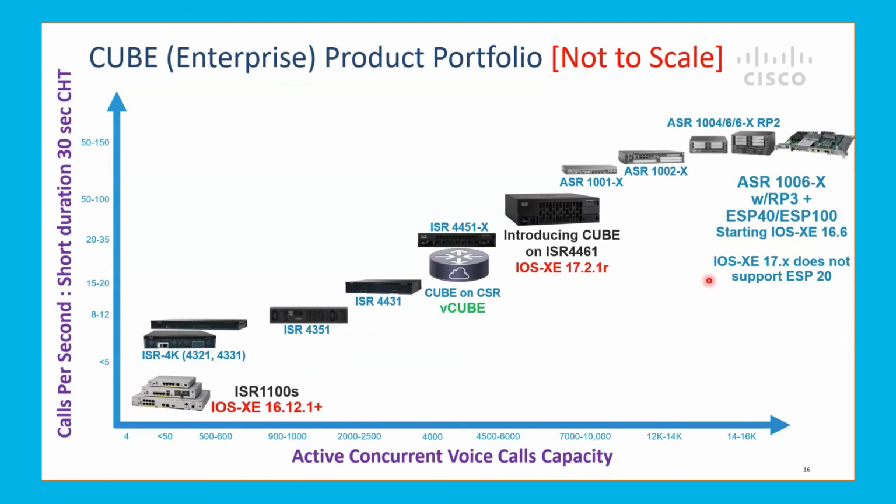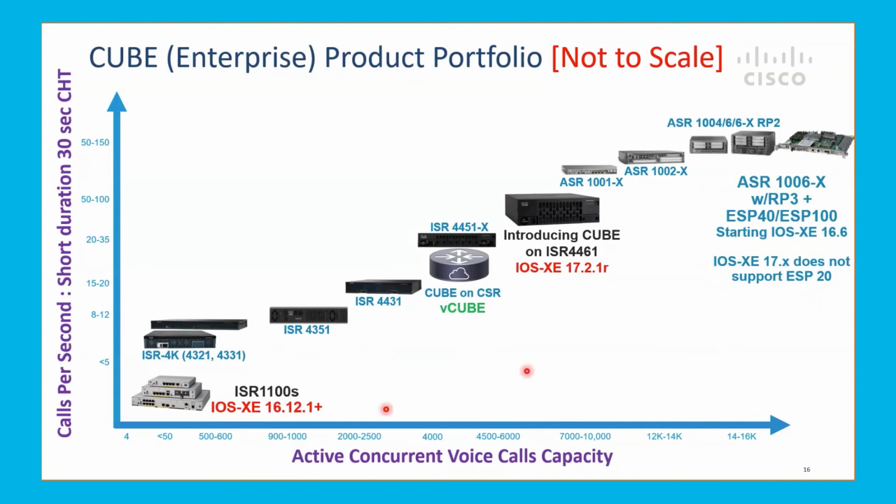The iOS XE platform team no longer supports ESP20 as of iOS XE 17 or later release. So keep that in mind if you have an existing deployment. The last supported iOS XE release for ESP20 is iOS XE 16.12.